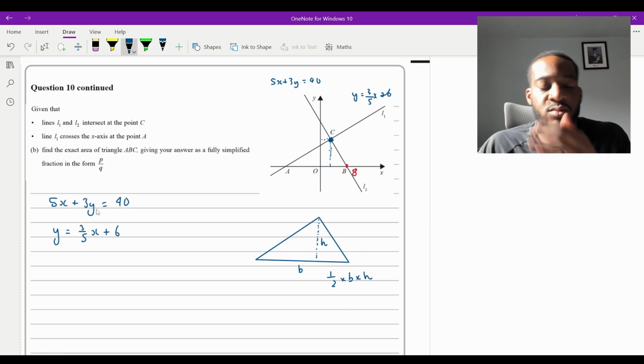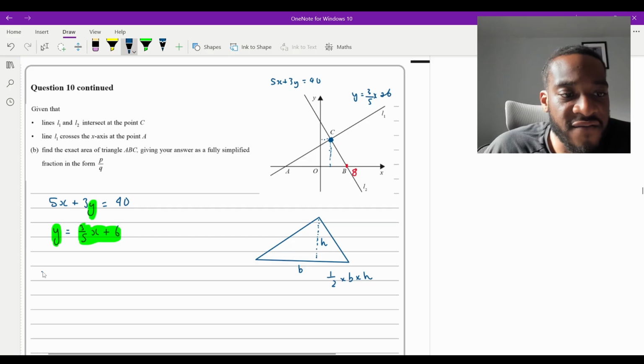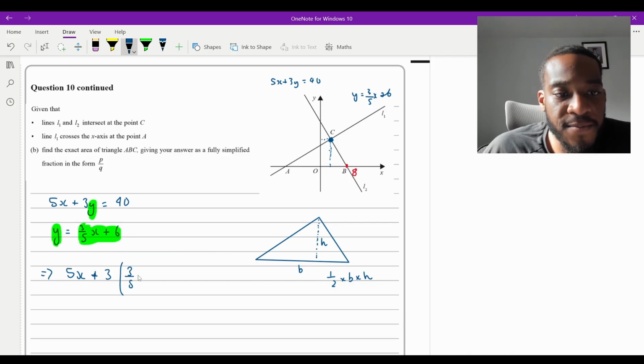Now, if I want to solve that simultaneously, because we have two equations, I can just substitute this equation into there, couldn't I? So that would mean that I'm going to have 5x plus 3 lots of y, which is 3/5 x plus 6, and this has to equal 40.